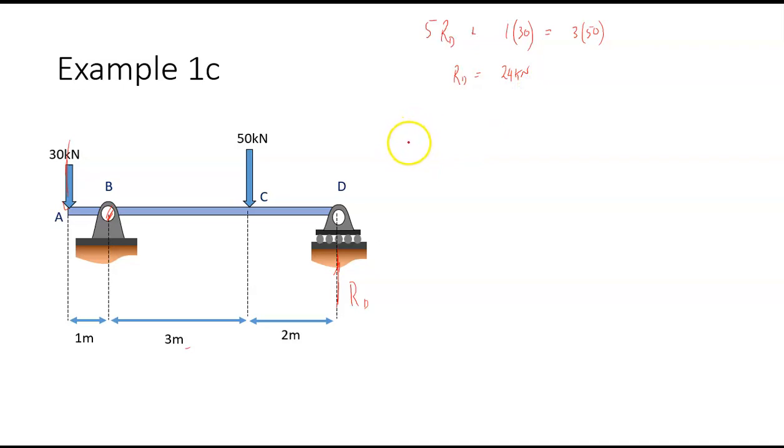Okay, now work out RB. So we'll take maybe the moments about D. We will say that 5RB, okay, so 2 and 3 by RB here. 5RB is equal to 2 by 50 plus 6 by 30.